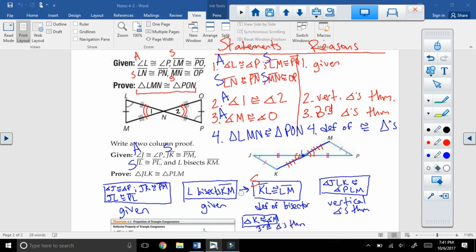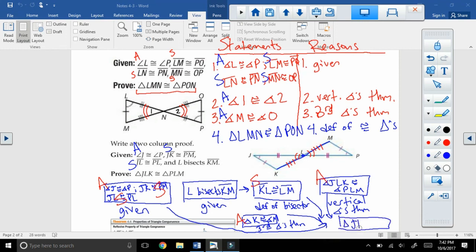And now I have 1, 2, 3 pairs of angles and 1, 2, 3 pairs of sides. So for a flow proof, ideally you'd have a little more room than what I have right now, but you would have all of these things coming together to say that these triangles are congruent.